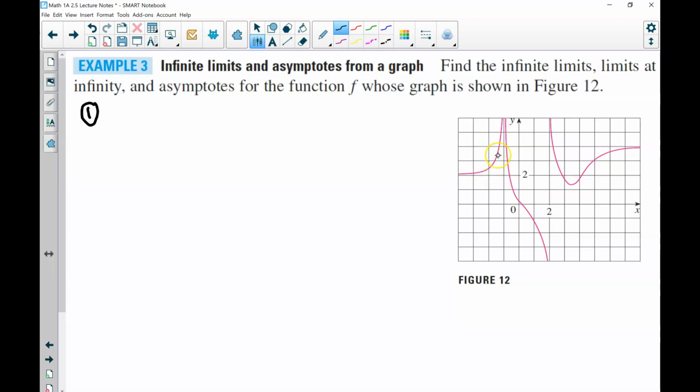We can see that this function on the left side is approaching this direction and that direction, and that value is at negative 1. So we can say that the limit as x approaches negative 1 of the function, on the left and on the right side, is approaching positive infinity.